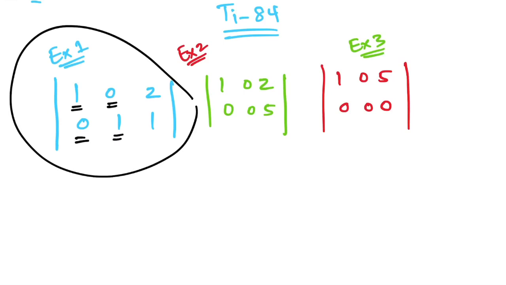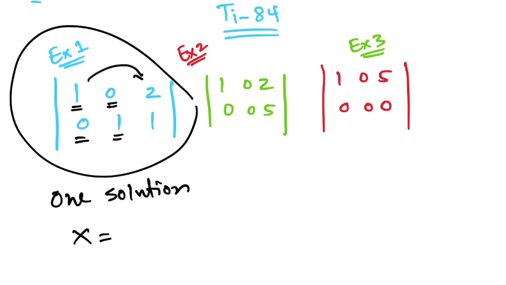So if you have 1, 0, 0, 1, just like this, it is always going to be one solution.